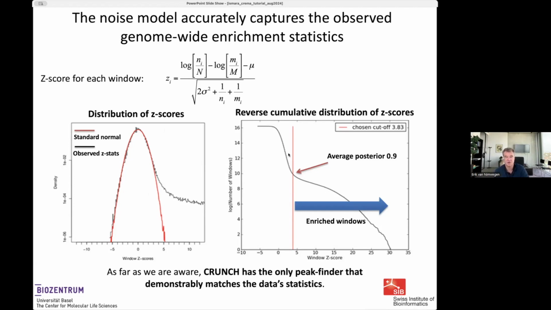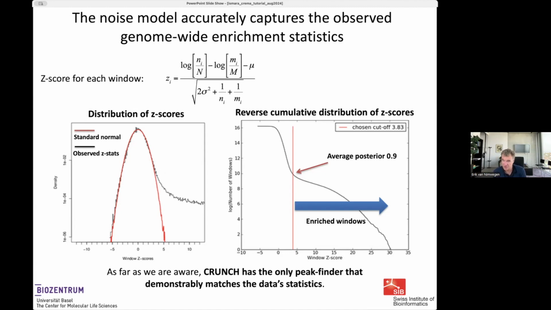So we set a cutoff where we predict that at least 90% of the windows that we call are truly enriched. I'm showing this to show you that with this statistical model, the fluctuations in read densities between foreground and background really do fit our statistical model.